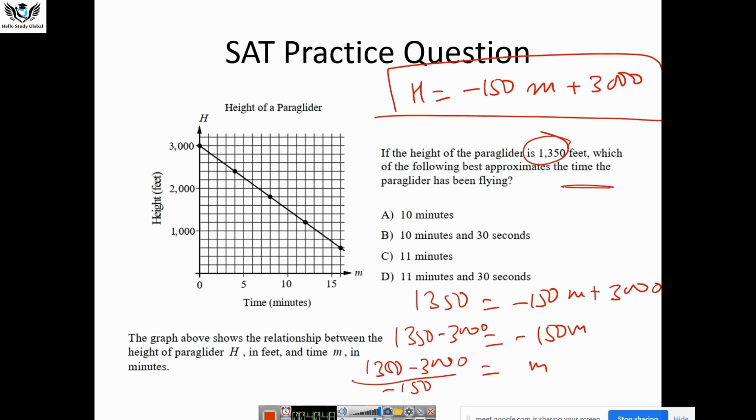That comes out to be minus 1650 upon 150, and the negative signs get cancelled out. So 1650 divided by 150 gives you 11. So m comes out to be 11 minutes. C is the correct answer.